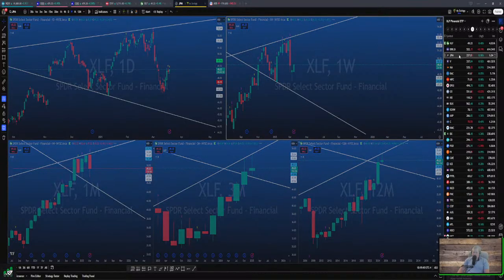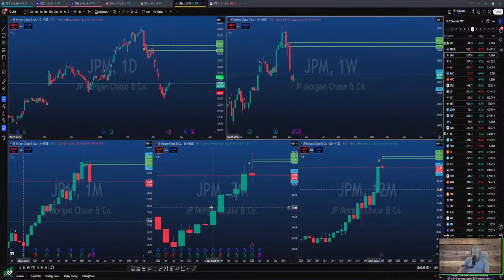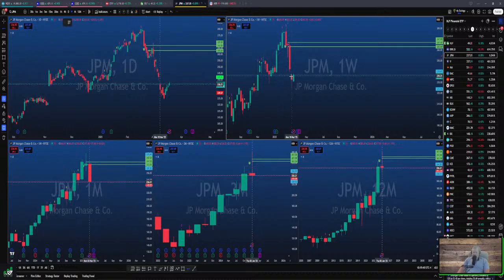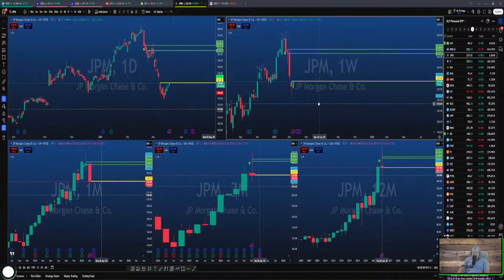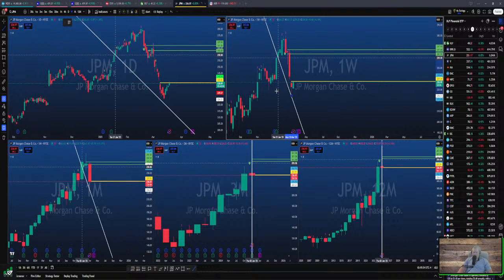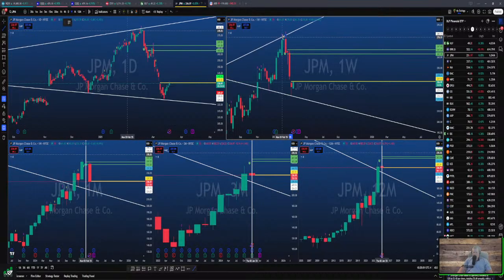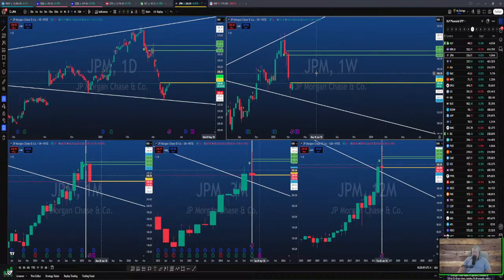So I'm looking at JPM actually now, because this didn't trigger until today. So if this gets back above last week's highs, then this will be a 2 down, 2 up in force. And it has a lot of room to go to the upside, right?